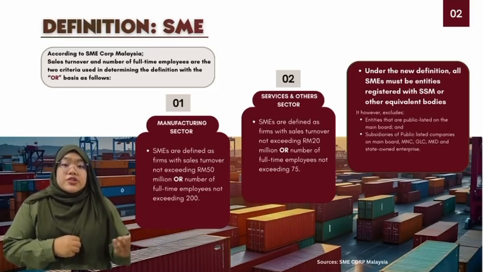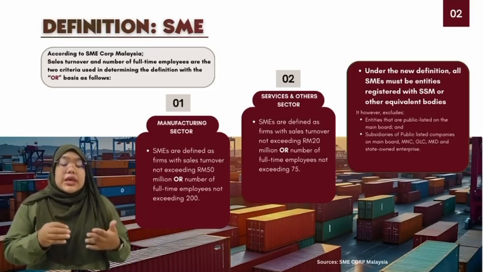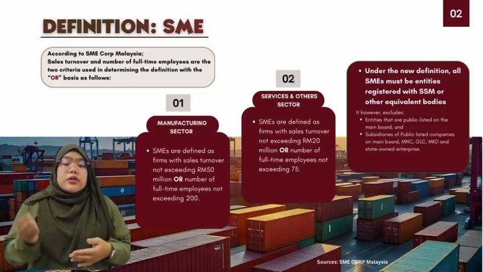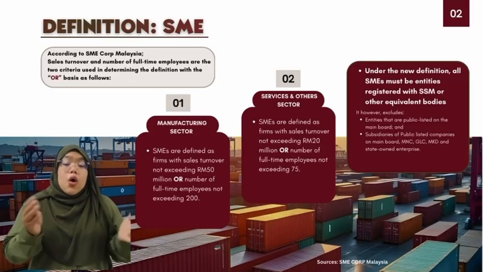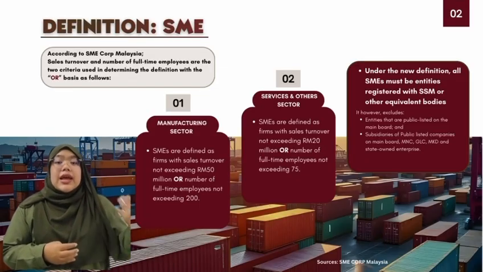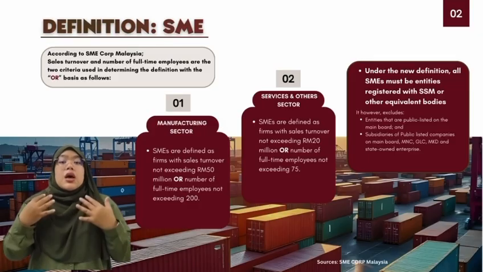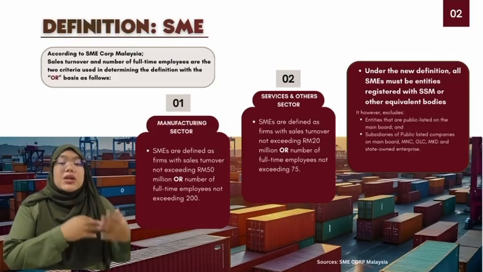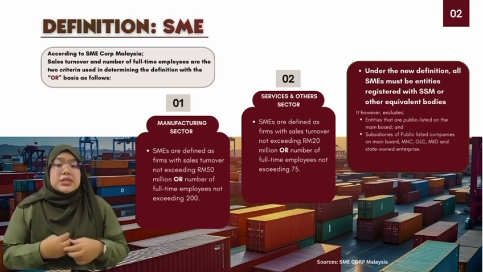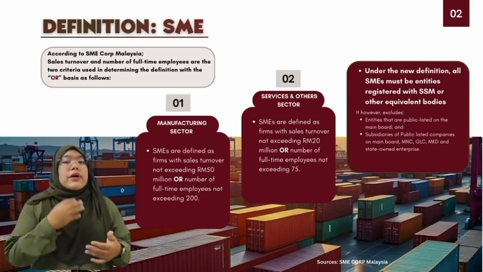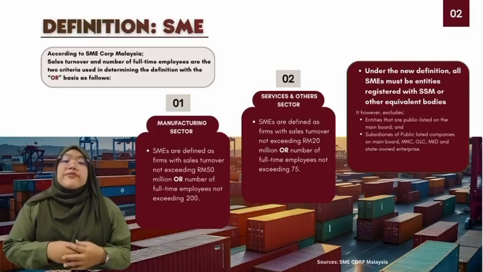Under manufacturing sectors, an SME is determined when the sales turnover is not exceeding 50 million, or the full-time number of employees is not exceeding 200 employees. And under service and other sectors, it is defined as SME when the sales turnover is not exceeding 20 million or full-time number of employees is not exceeding 75 employees.